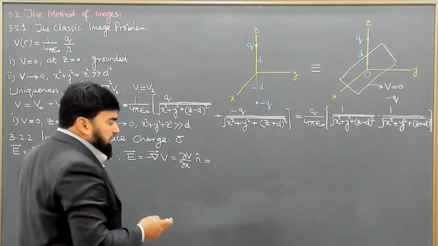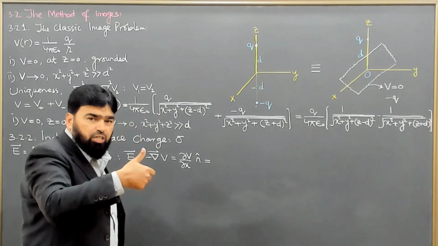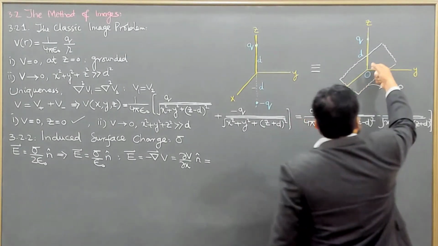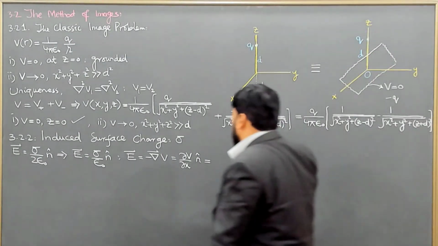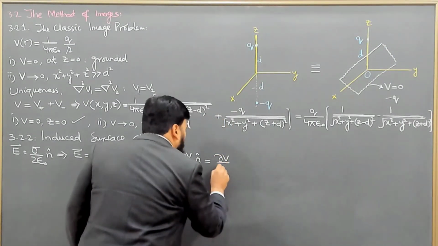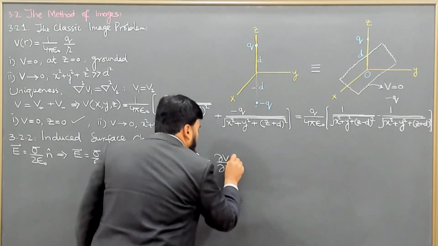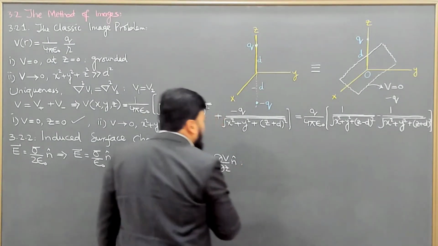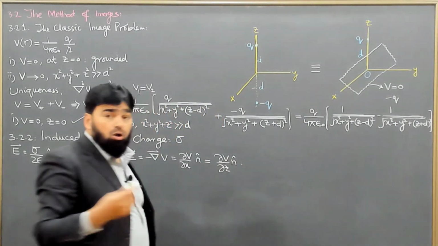Now this n is basically the normal to that surface. This is a surface, and the normal to this surface is basically the z axis. So this is curly V over curly z, and then n head, meaning the n unit vector. Such derivatives I can replace with the concept of a normal derivative.